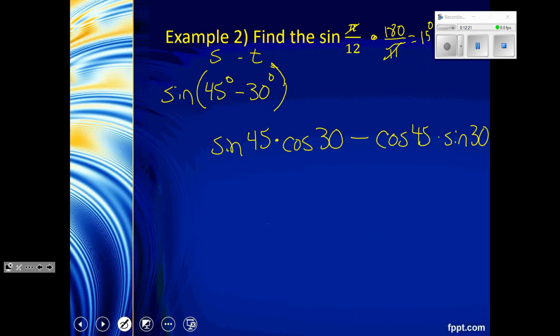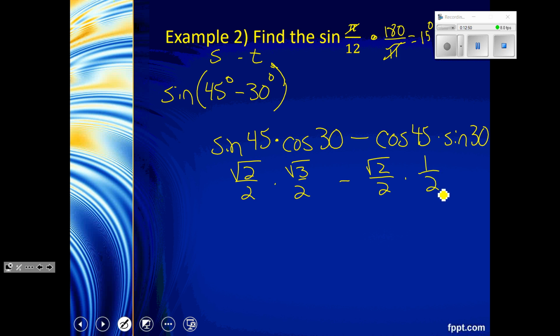Okay. All right, so here we go. Go to your unit circles. Let's fill it in. What's the sine of 45 degrees? Square root of 2 over 2 times the cosine of 30 degrees is square root of 3 over 2 minus the cosine of 45 degrees, which is square root of 2 over 2 times the sine of 30 degrees, which is 1/2.